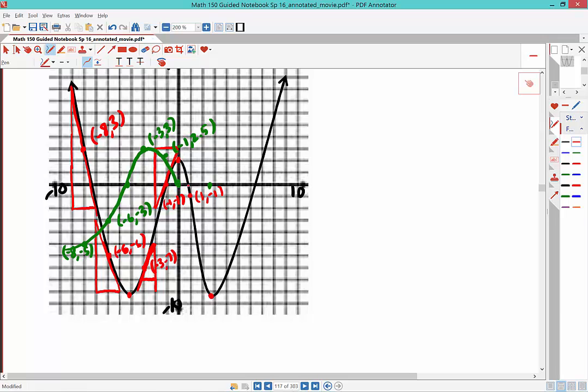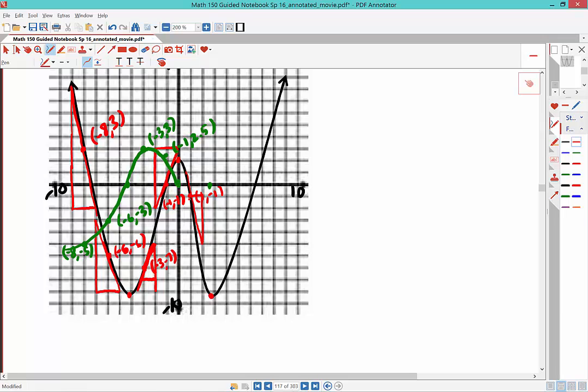And then if we drew a tangent line, we'd have this slope triangle, so 1 to the right, and then 1, 2, 3, 4 down.